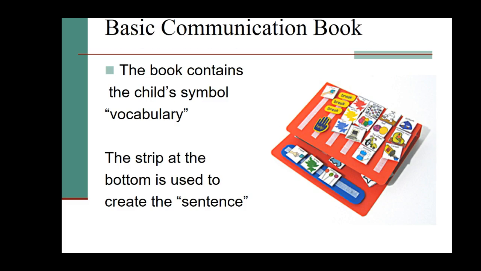Here is what a communication book looks like. And you notice all the pictures and the Velcro right here. They can take off the pictures from inside and put them into a sentence strip with "I want green lollipops." So you use it to make a sentence.